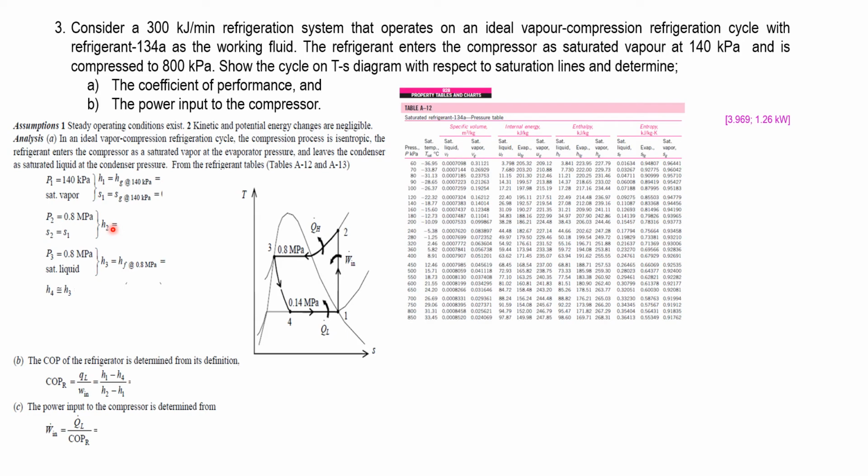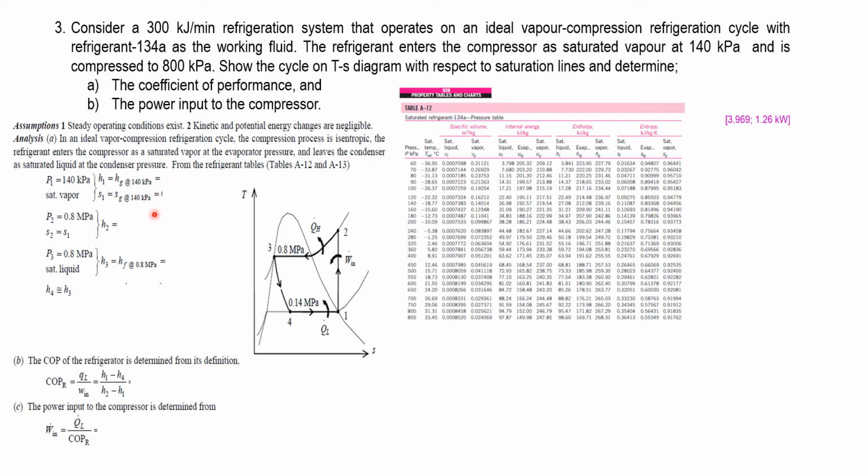So for point 1 you will need to use the saturated table, 140 kilopascal. Point 1 again is at this point, so you will find Hg. So let's look at 140 kilopascal. This corresponds to this value for Hg, and you must also find what is your Sg here. So those are the two values that you want here.